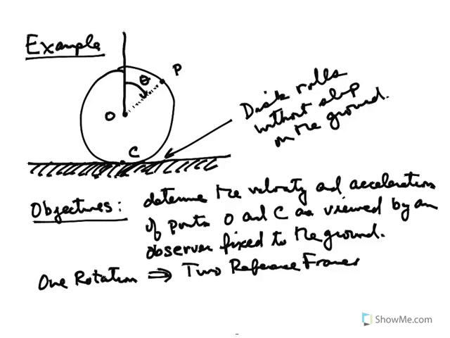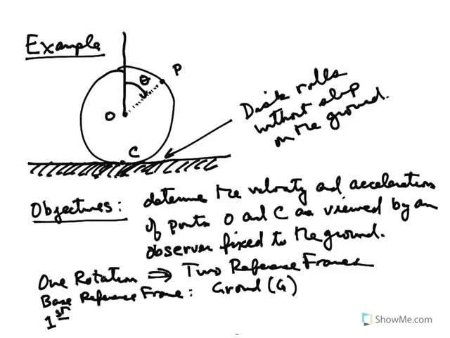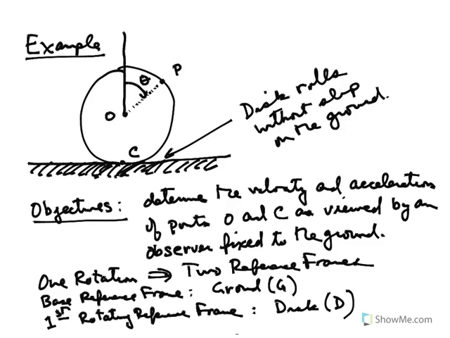Those two reference frames are the base reference frame, which is the ground, and I'll denote that G, and the first rotating reference frame, which is also a translating reference frame because point O is translating, and that's the disk, which I'm going to denote as D.